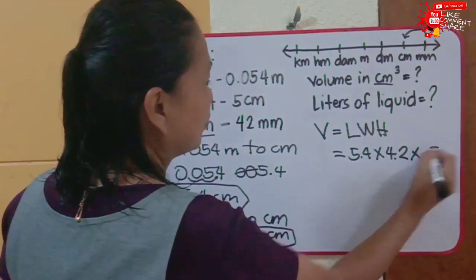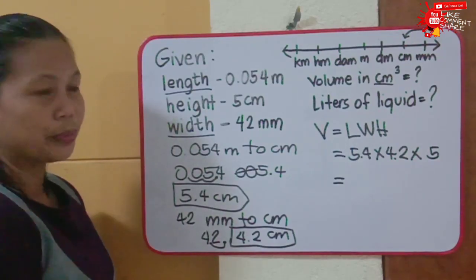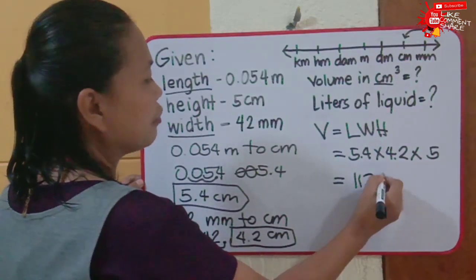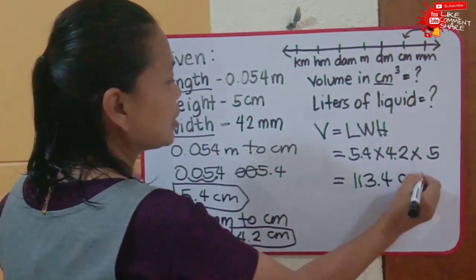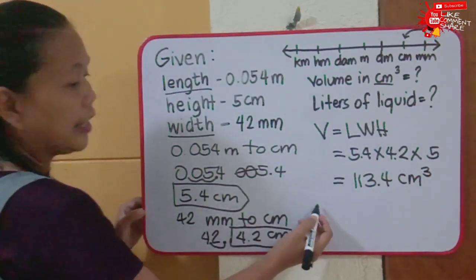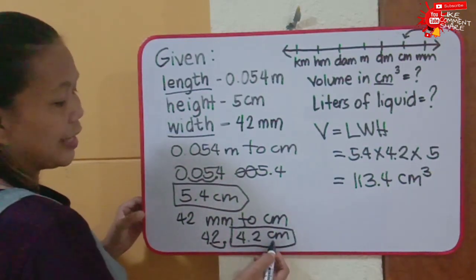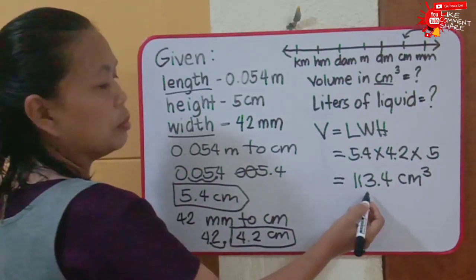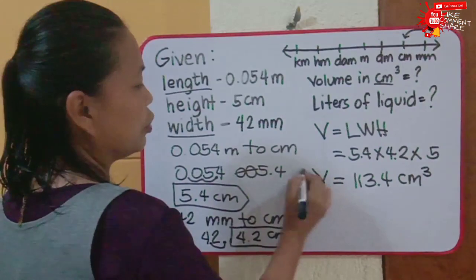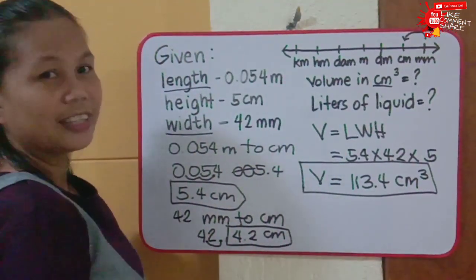So 5.4 times 4.2 times 5 is equal to 113.4 cubic centimeters. This is cubic centimeters because the length, the height, and the width have a unit which is centimeter. So when we get the volume, the unit will be cubic centimeter. So we have now the volume which is equal to 113.4 cubic centimeter.